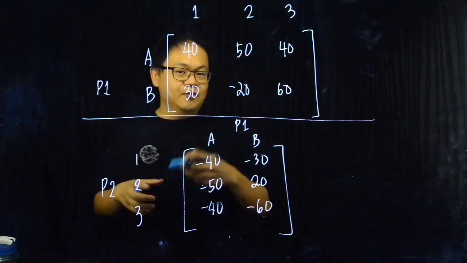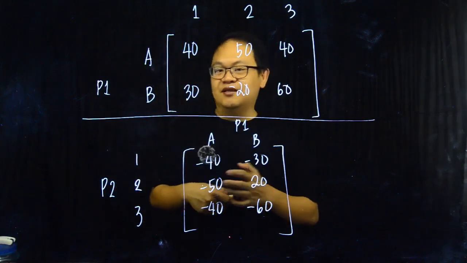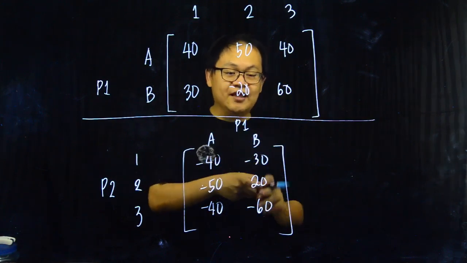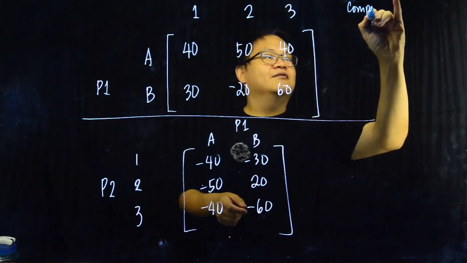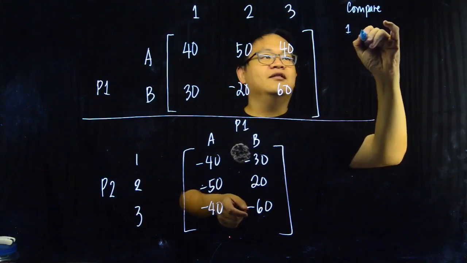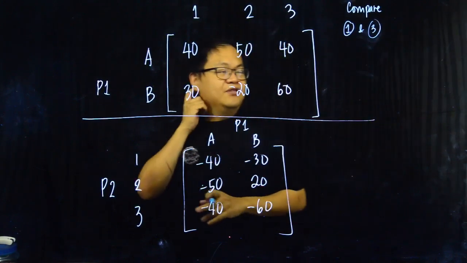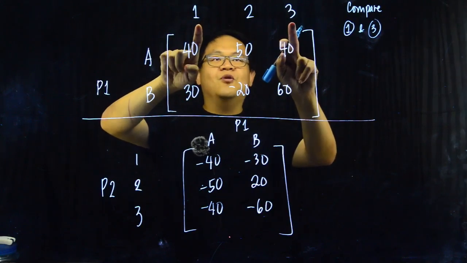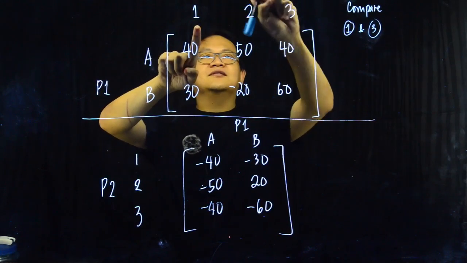Now, normally in class, I will ask you to look for dominated strategies. But because this is an online lecture, let me show you the dominated strategy. Okay, compare strategy 1 and 3. Remember, strategy 1 and 3 are both player 2 strategies. Okay?